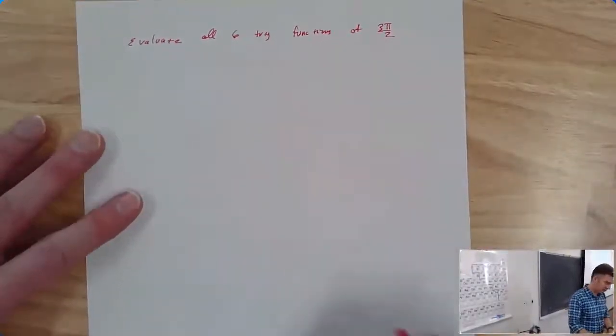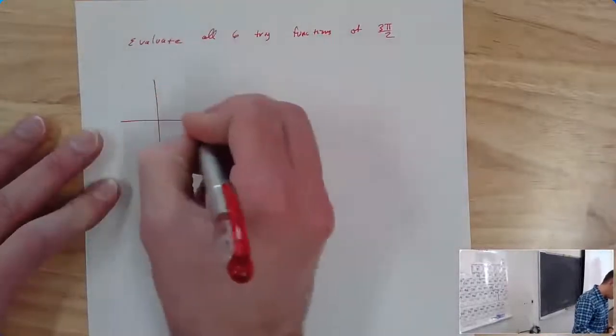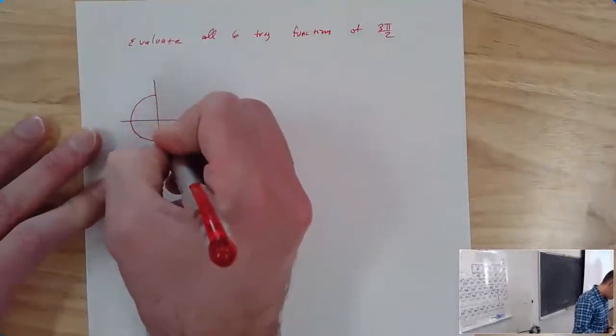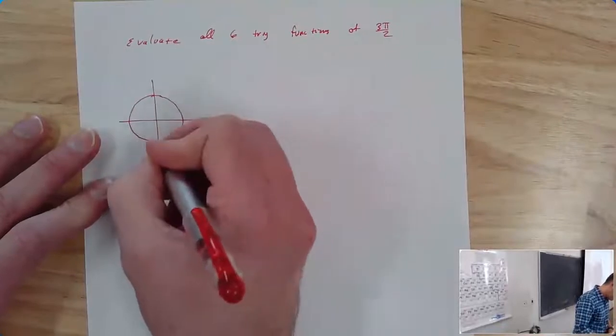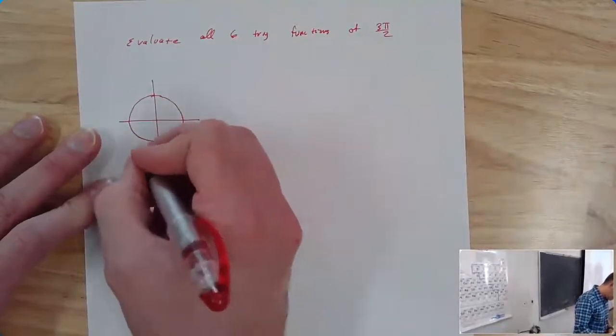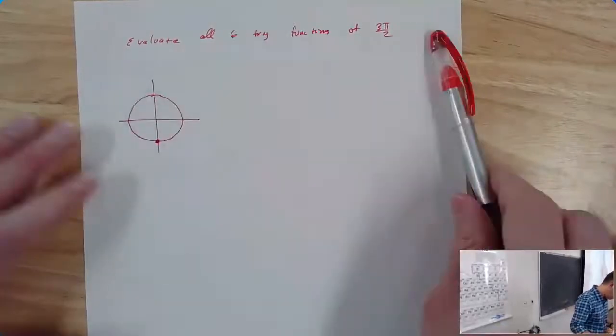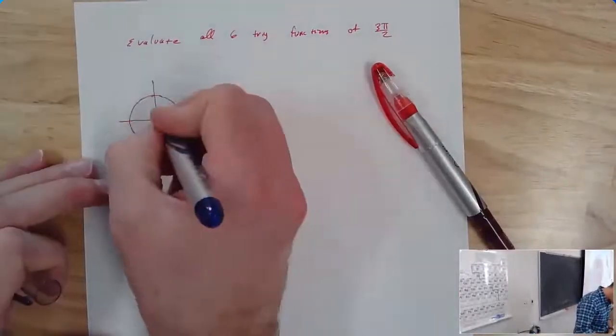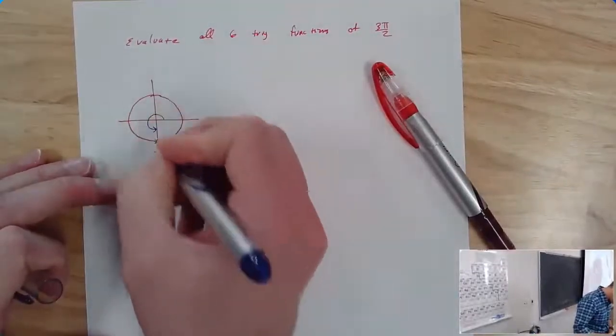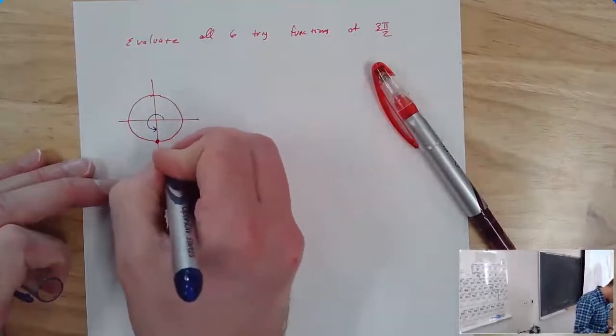That's on the circle down here. There's 3 pi over 2 radians. We've gone this far. And the point there is 0, -1.